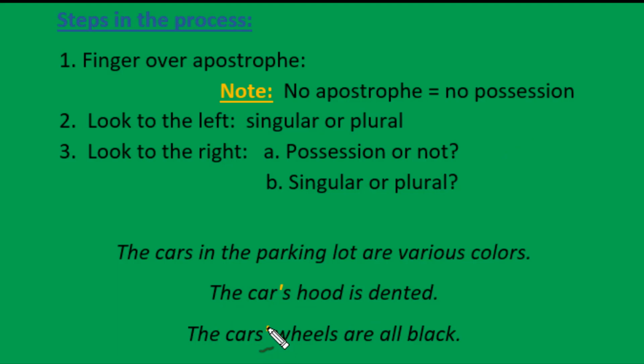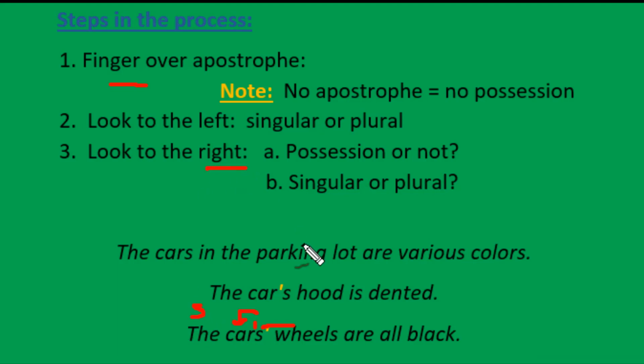I could take this apostrophe and put it here and get rid of that. Now, when we run through the steps, this sentence changes. We put our finger over the apostrophe here and now look to the left. When we do, we see when the apostrophe is between the R and the S, that it's car, it's singular.